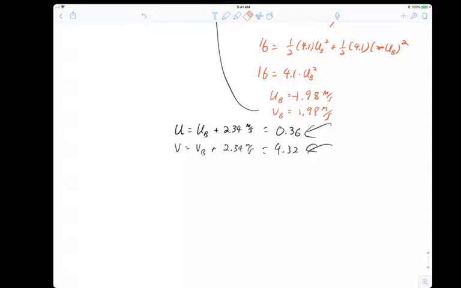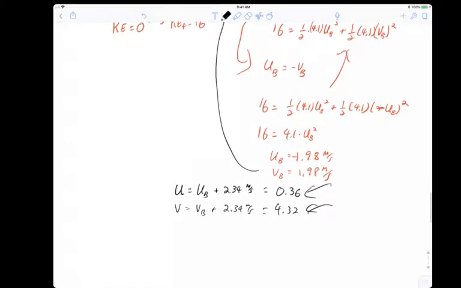Yeah, okay. So to find the acceleration, we have to find delta V. So it's going to be V final minus V initial. So it's going to be 2.34. That's the initial velocity. No, that's the final velocity. 4.32 minus 2.34.